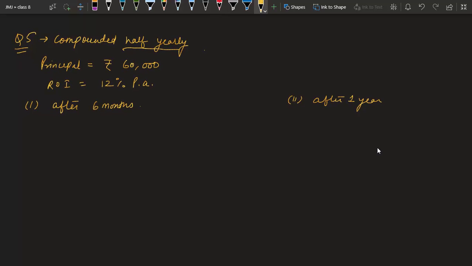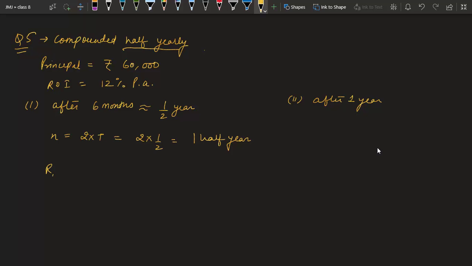In 6 months we can say it is the same as 1/2 of a year, or we can call it a half year. So let's find the new time, that is n is equal to 2 times the time period given to us, which is 2 into 1/2, 1/2 year.